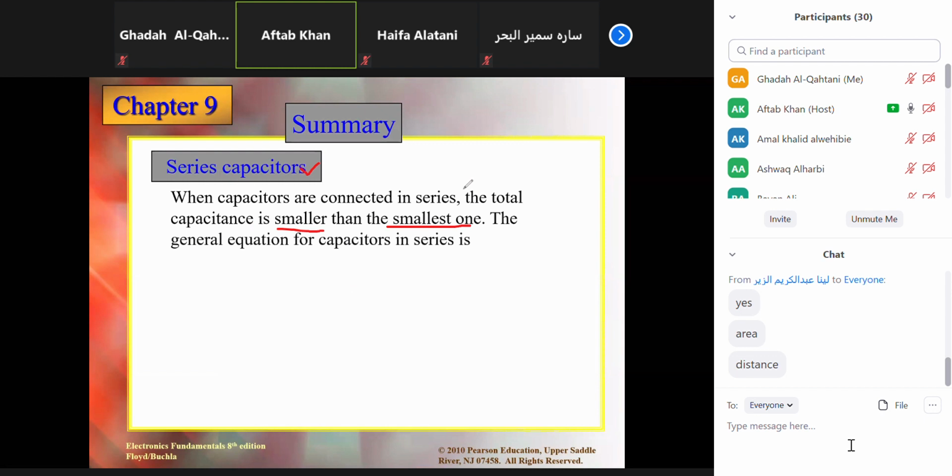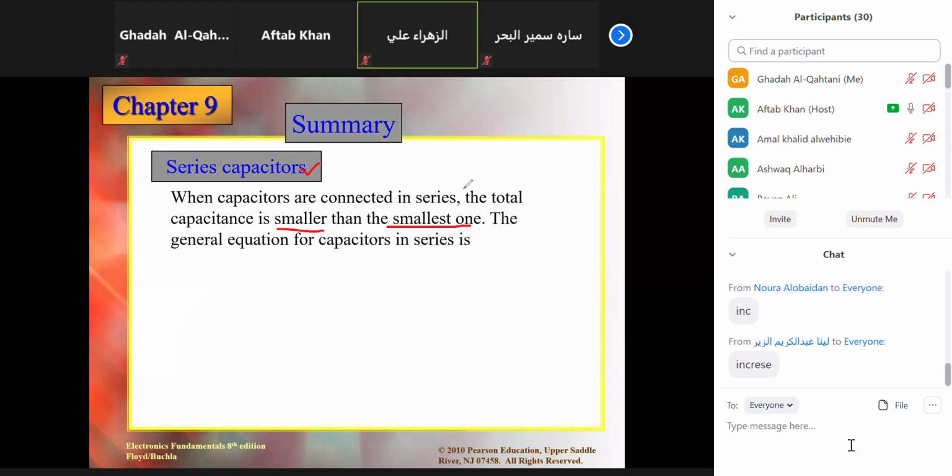Increase. And when resistors are connected in parallel, the total decreases. The same happens here with the capacitor, but it is opposite.